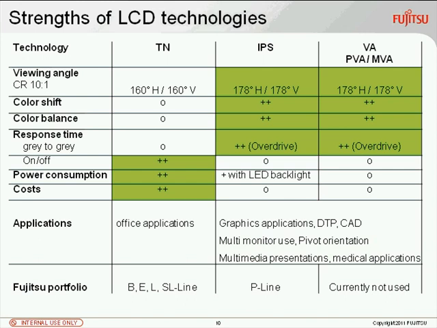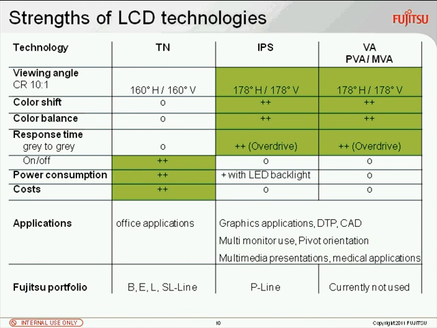VA is the abbreviation of vertical alignment. That means the LCD molecules, if they are not powered, are vertically aligned, standing vertical to the display surface. So the difference of the technologies is simply the movement of these LCD molecules.